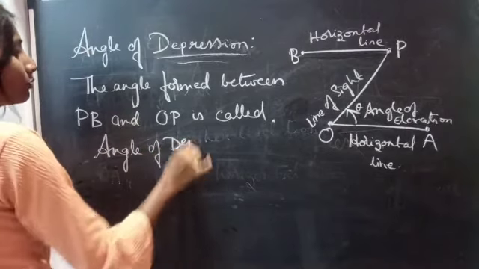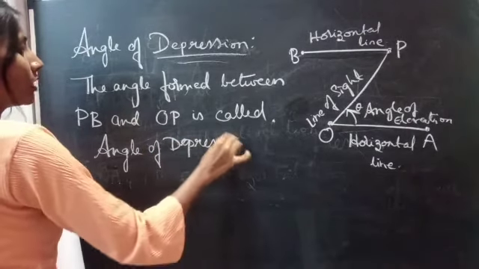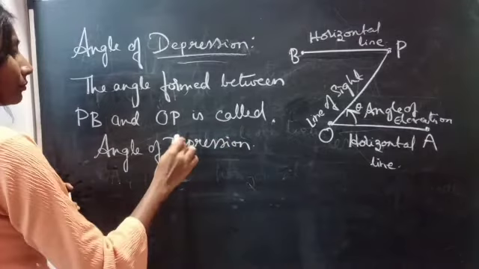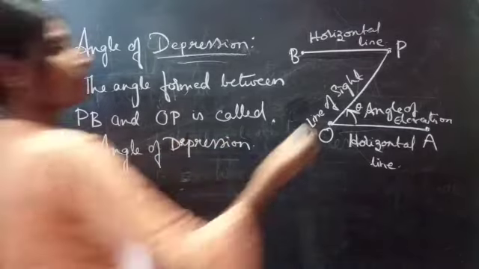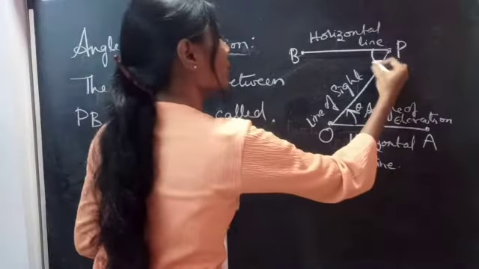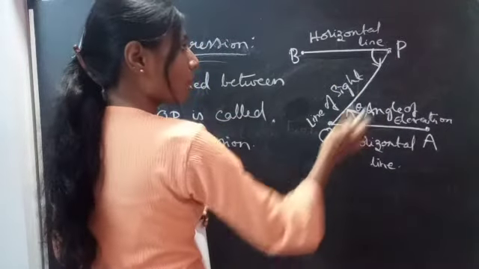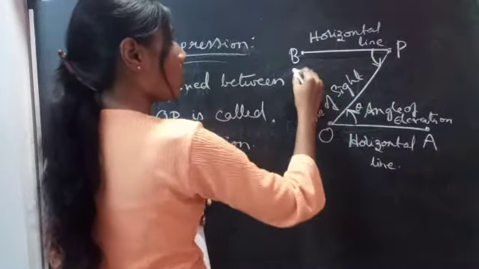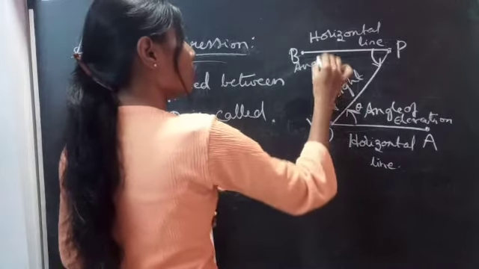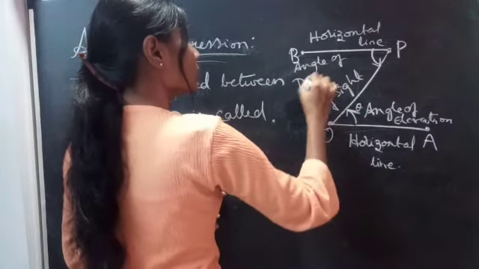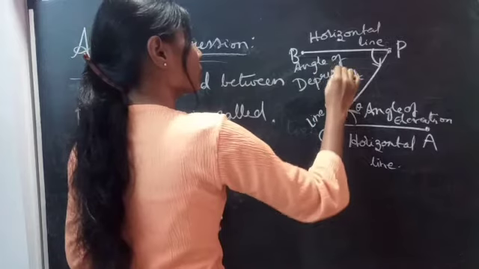Angle of depression. The angle which is formed between horizontal line BP and line of sight OP is called angle of depression.